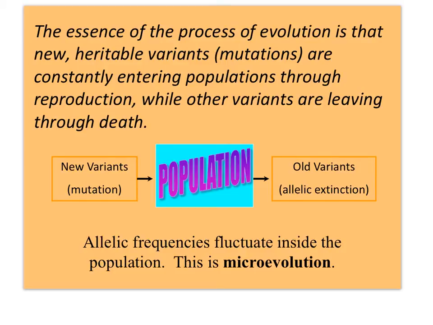The essence of the process of evolution is that new alleles come into the population through mutation. In other words, you end up with a mutation in the gene that then codes for a certain protein. So these mutations are constantly being formed.